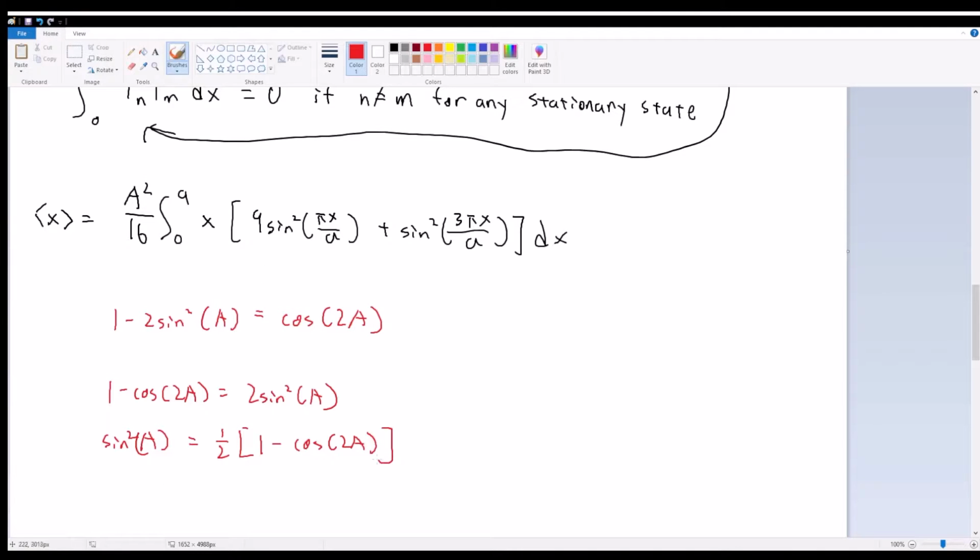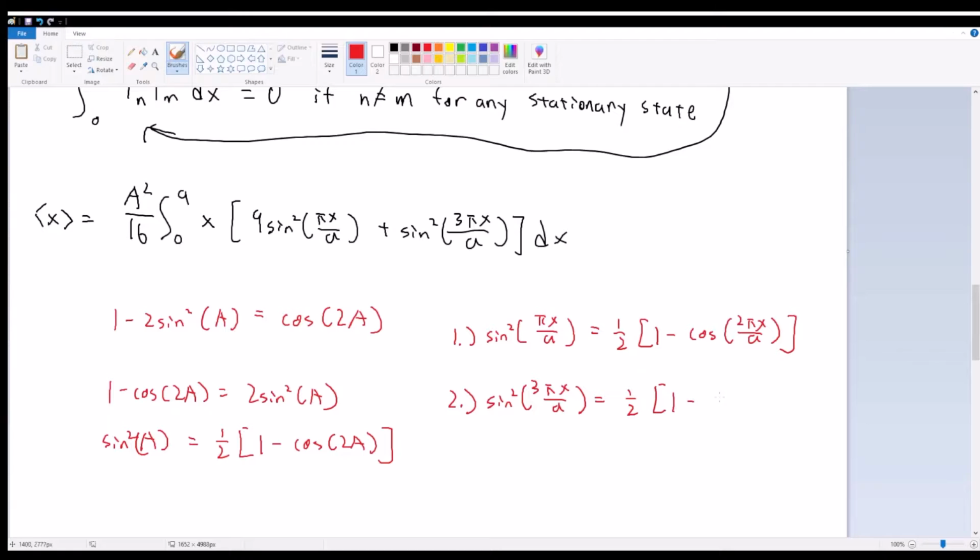Substituting in the values here, sine squared of pi x over a is going to equal 1/2 times 1 minus cosine 2 pi x over a, and sine squared 3 pi x over a is going to equal 1/2 times 1 minus cosine 6 pi x over a.